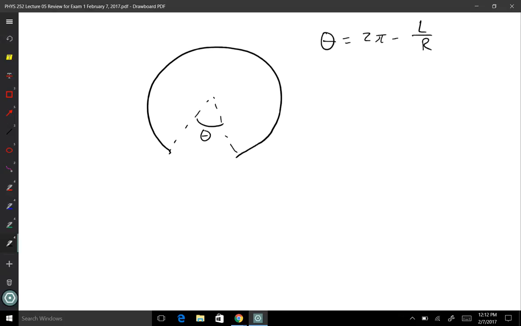And so the amount that's missing is 2 pi minus L over R. Okay, so there's our distribution. We're going to have Q is equal to Q distributed.